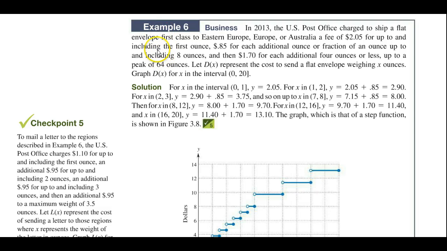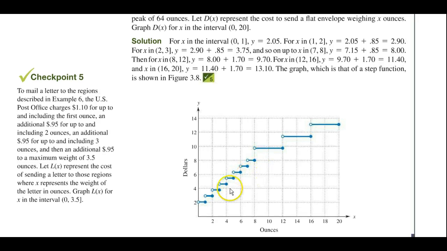In example 6, they're showing us postal charges to send a flat envelope first class to any of these places for a fee of $2.05 for up to and including the first ounce. So here $2.05, and we'll see that down here, up to the first ounce.